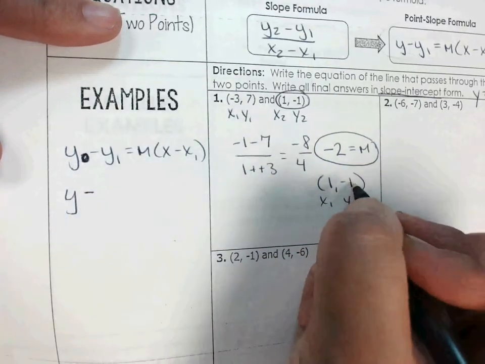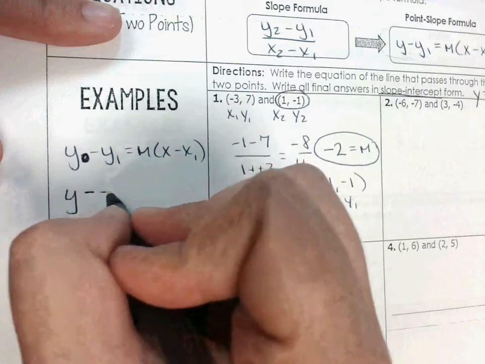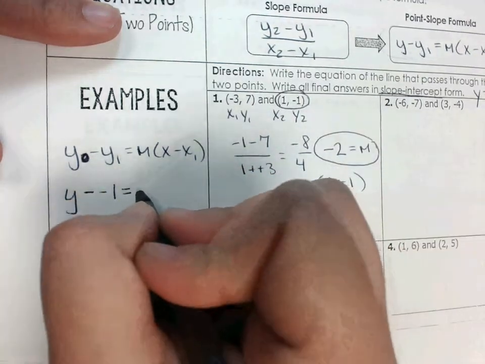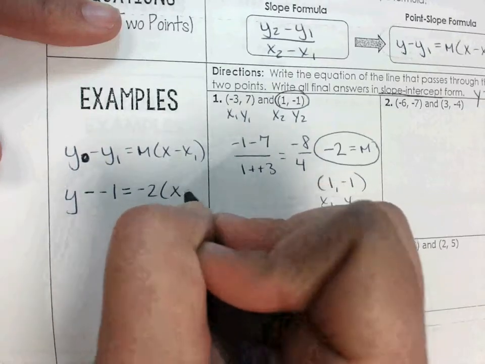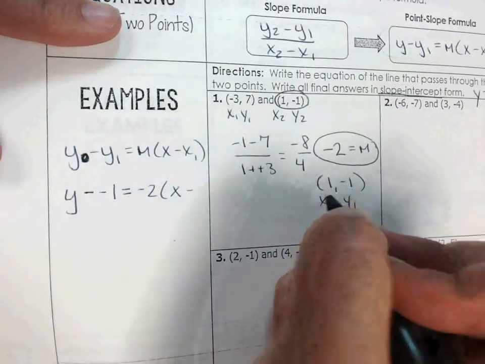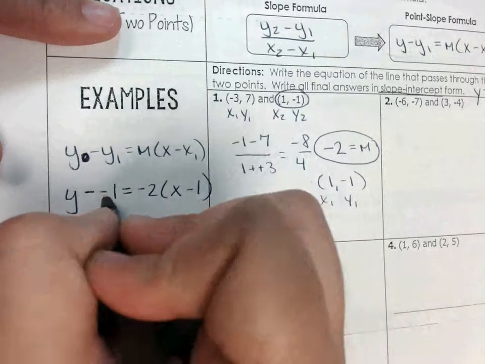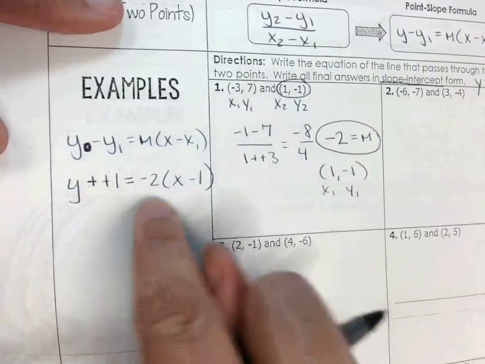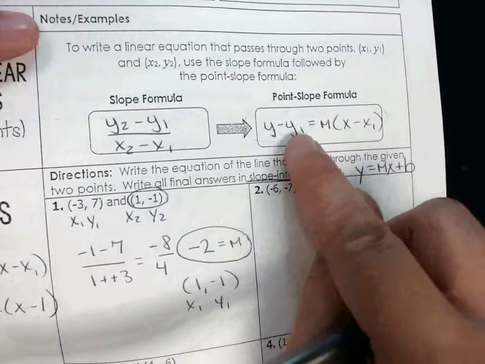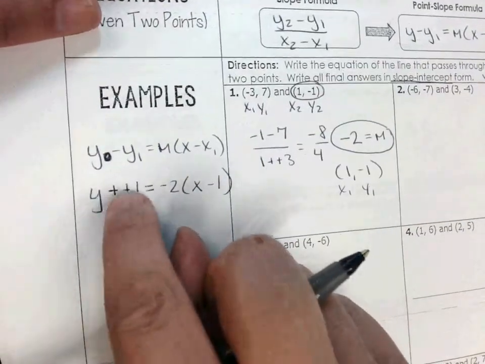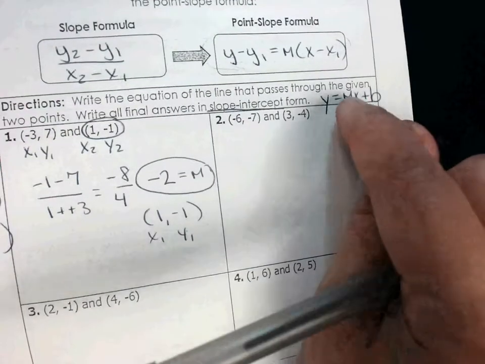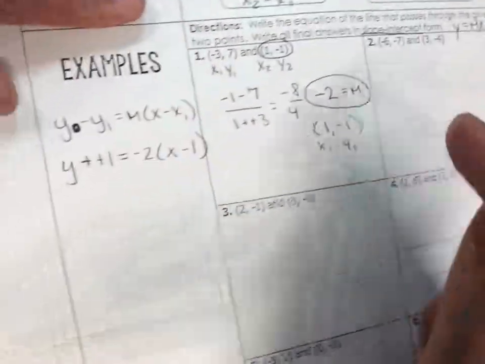Then minus y1, here's my y1, minus a -1, equals m, my slope was -2, times x minus x1, my x1 value is 1. Minus a negative gives me a positive. So this is your point slope form. This is what we have right here. You could just scribble out one of these plus signs, that would be point slope. But they want us to convert it to this form.